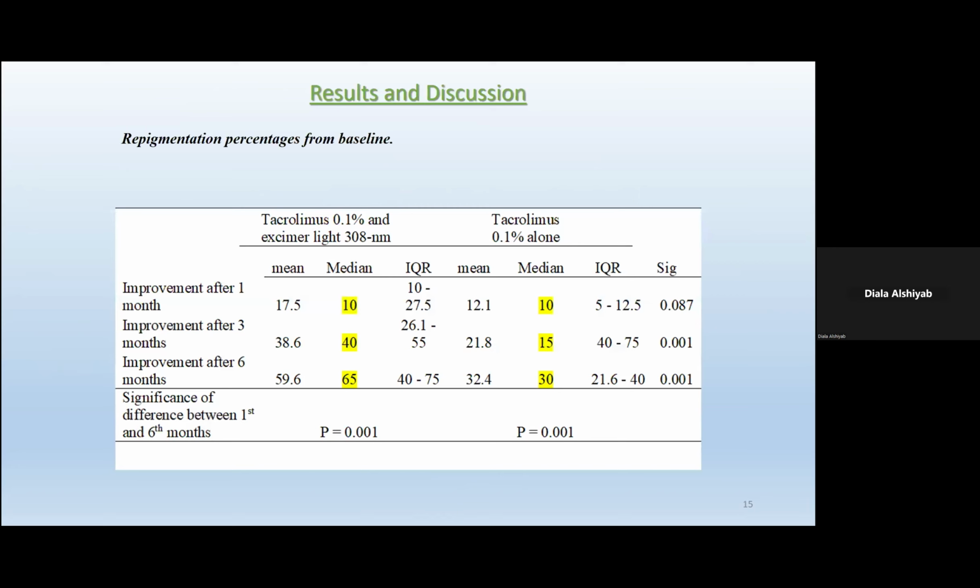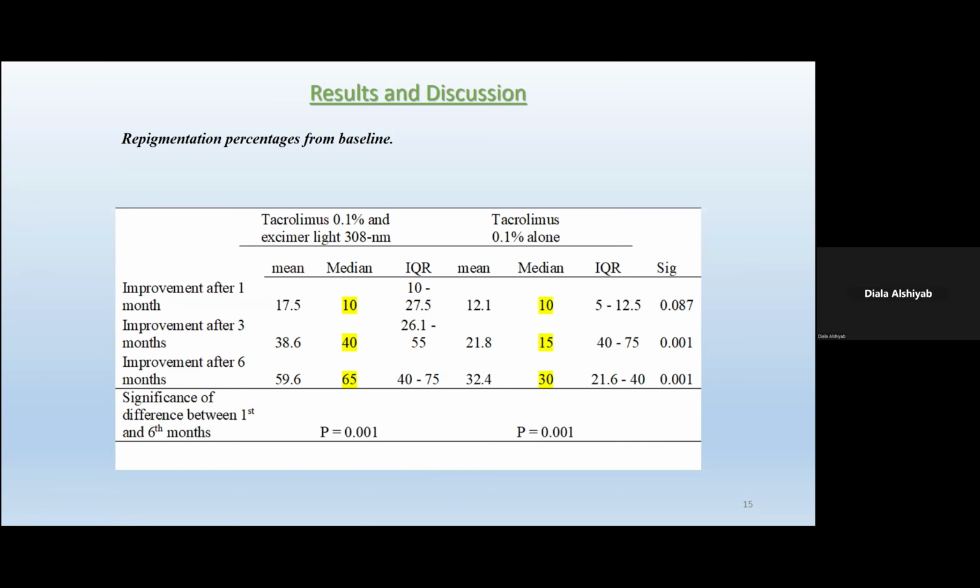This figure shows the result of the treatment, as you can see, after 1, 3, and 6 months. After 3 months, for example, using both tacrolimus ointment and excimer light shows improvement of 40%. Repigmentation increased to 40% versus only 15% with the tacrolimus group alone.